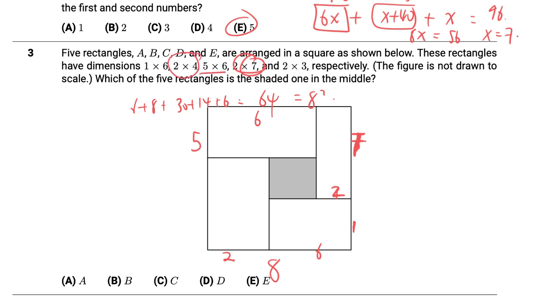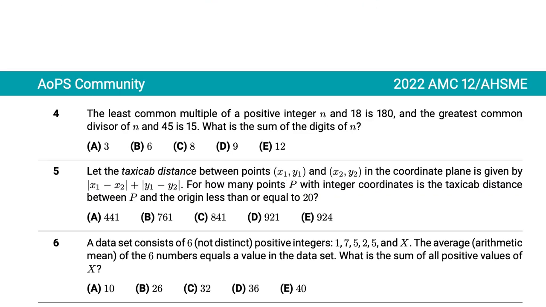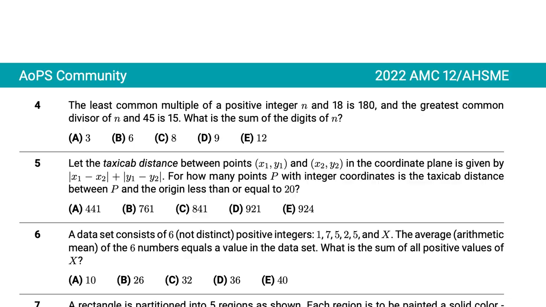And now it's between 2, 4, and 2, 3. We see that this is 2, and we see that this is 4. So this has to be 3, right? Yeah. So this is 2, 4, right over here. So this is rectangle B.